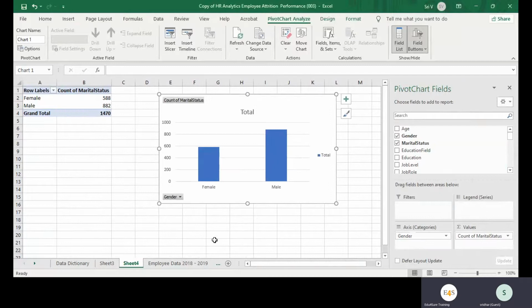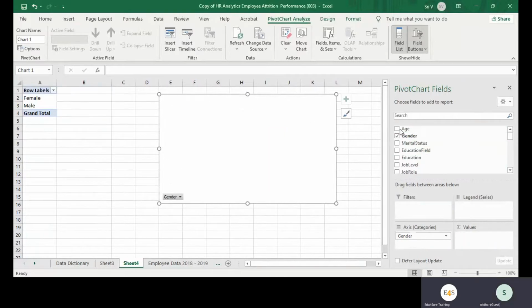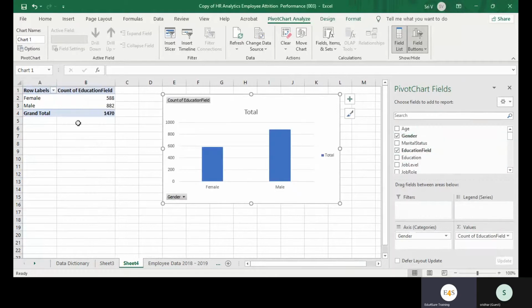This is okay, right? You will take gender also in values. I'm saying yes. Yeah, this is like this. So basically we have more males, right? Yeah, correct. More males. So you can show like this.